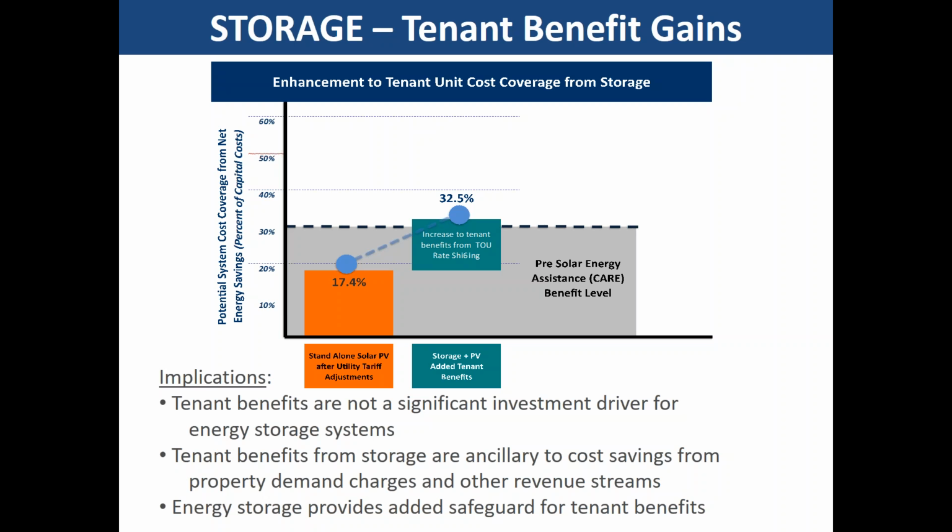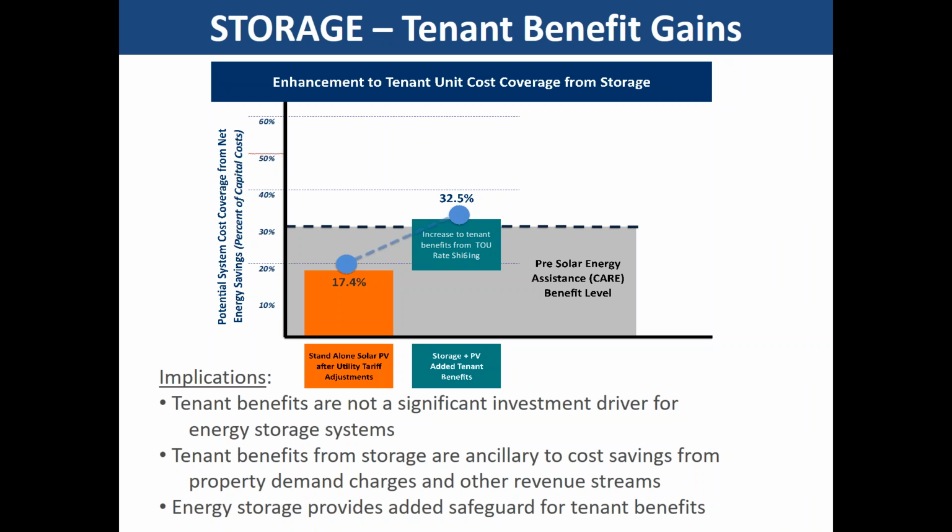And here the chart shows the potential ancillary benefits from cost shifting, where it's possible to configure the energy storage system to shave peak load demands, which would be its first priority, and secondarily provide limited cost shifting benefits at the property, which could be more widely distributed and beneficial to the tenants.